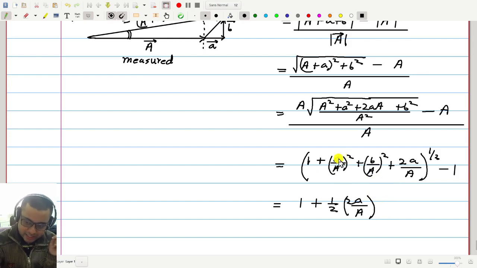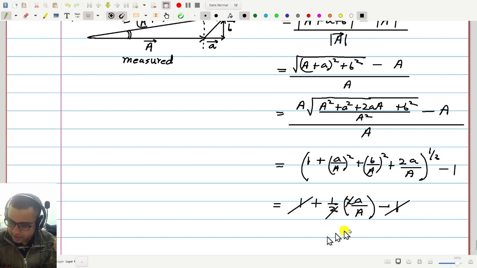Notice that little a by capital A is a small number, so its square is even smaller, and I am ignoring all the second order terms. Similarly, little b is a small number compared to capital A, so the square of that and all the second and higher order terms I am ignoring. So up to first order, the 2 cancelled, and I am left with a by capital A. So this is the per unit error.